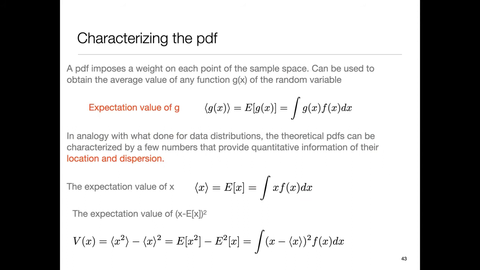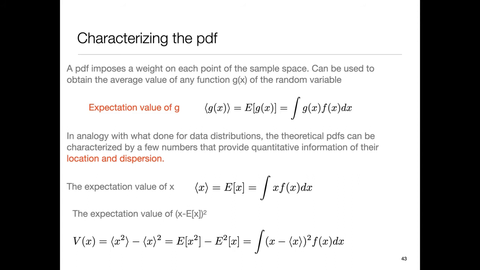And also the PDFs can be characterized in a similar way as we characterized our data before. For instance, if you have a PDF for a certain set of data, you can calculate the expectation value of any function on those data by just calculating these quantities here.